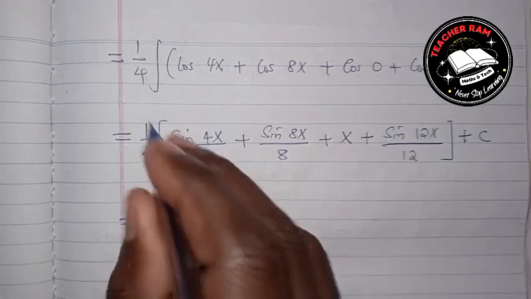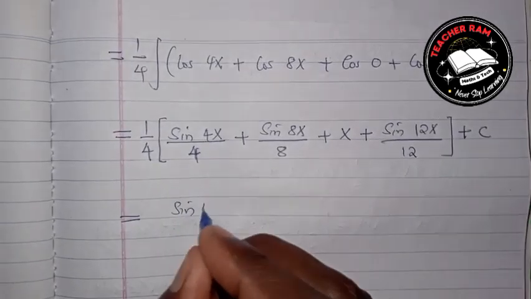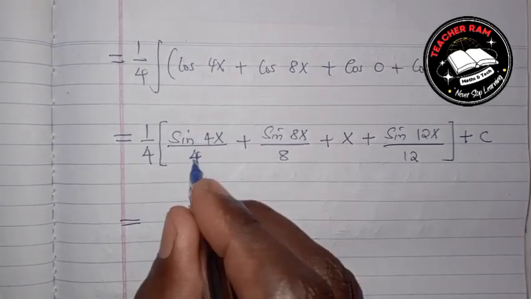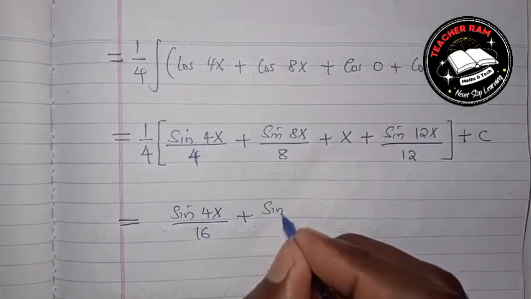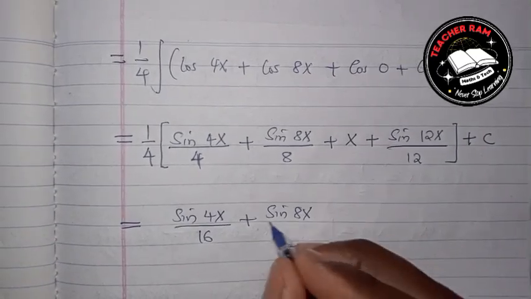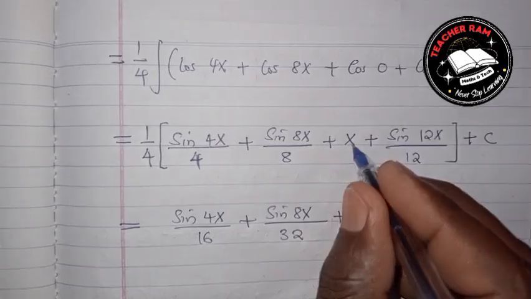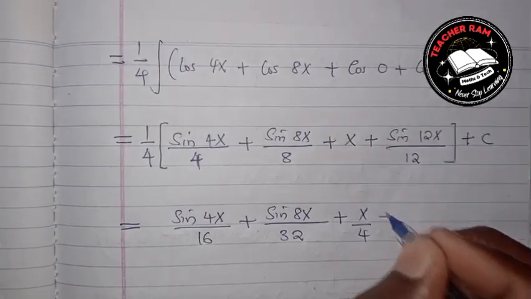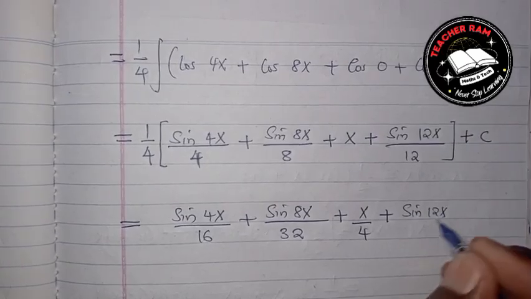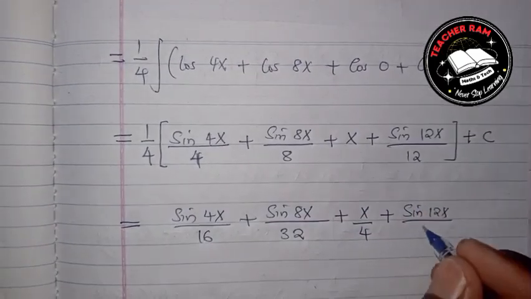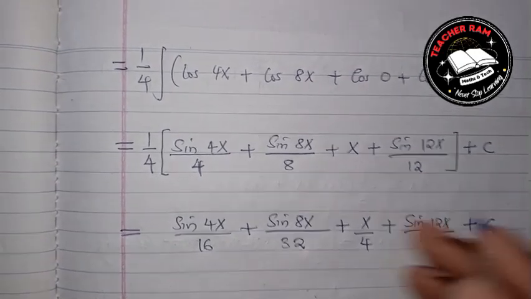After that, let us open the bracket by 1 over 4, so here it will be sine of 4x, 1 over 4 multiplied by 1 over 4 is equal to 1 over 16, then plus sine of 8x, divided by 4 multiplied by 8, it is 32, then plus x over 4, then plus sine of 12x divided by 4 multiplied by 12 is equal to 48, and then plus constant of integration.